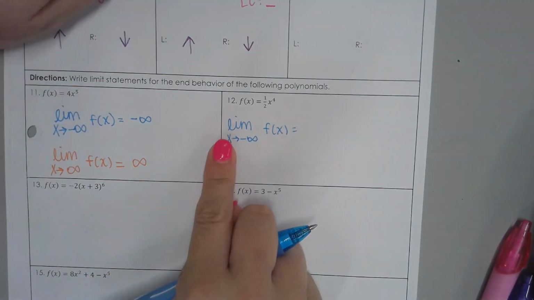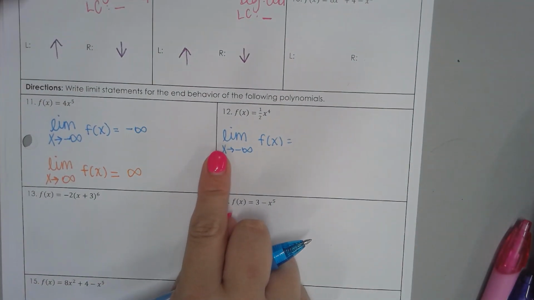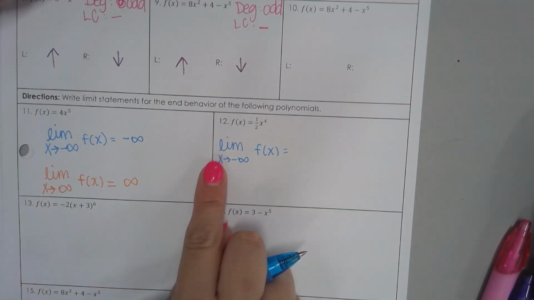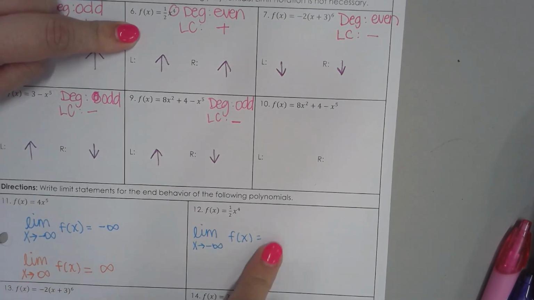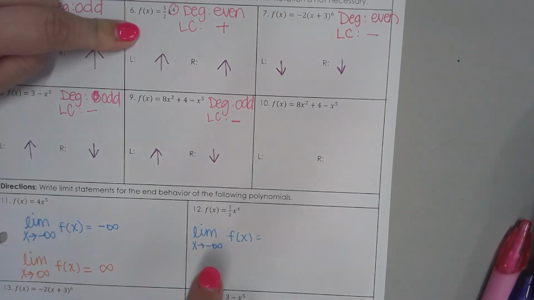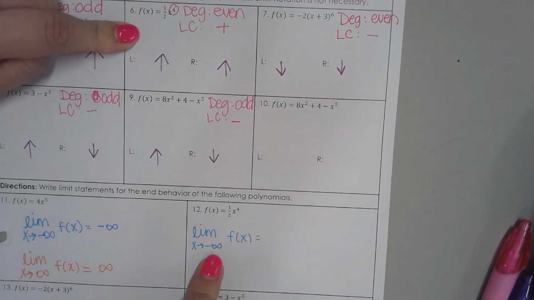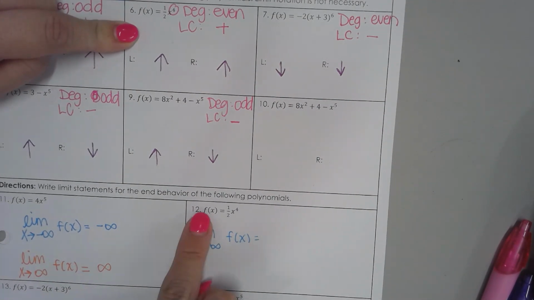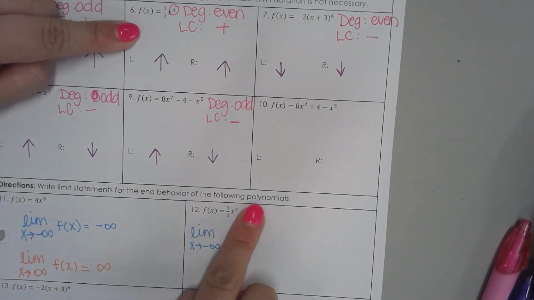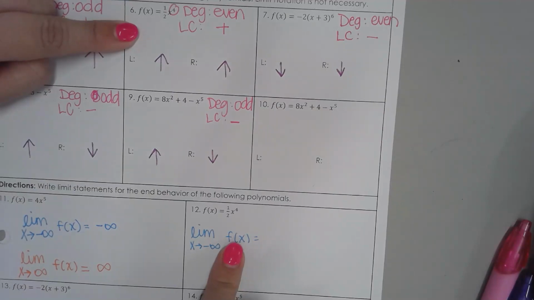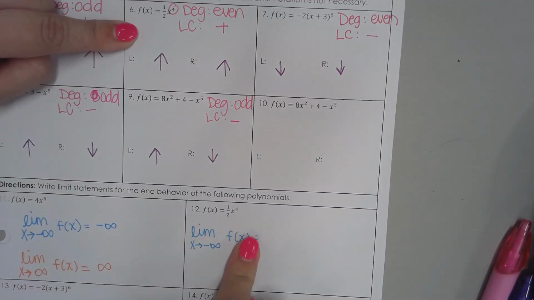So the 1/2 x to the 4th that we did here in number 6. When I'm talking about the left side, I'm going to put limit as x approaches negative infinity of f of x. If I'd put g of x, I'd put g of x there. You could also write 1/2 x to the 4th there as well.